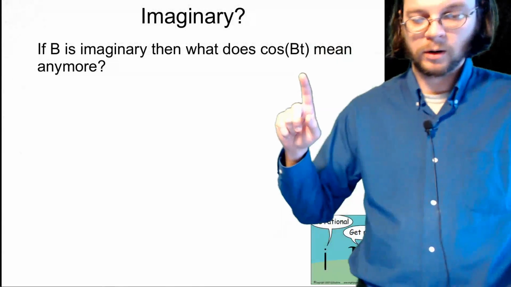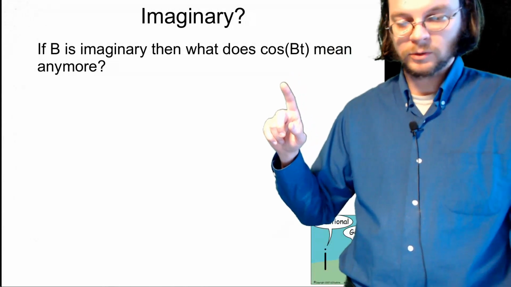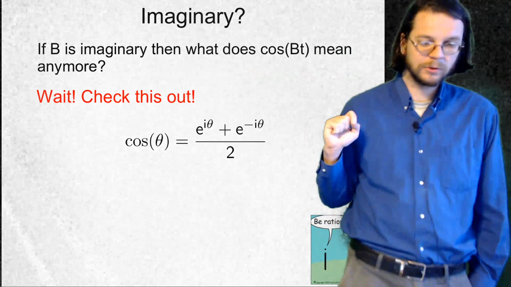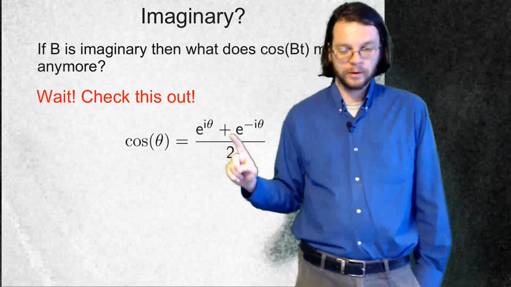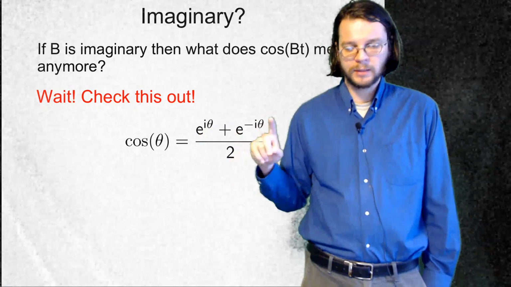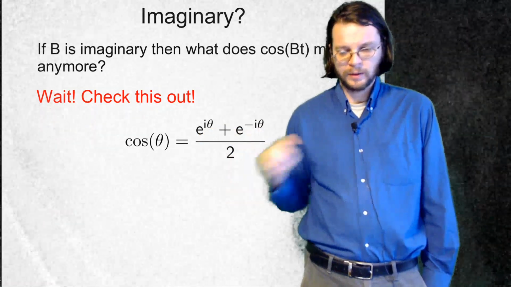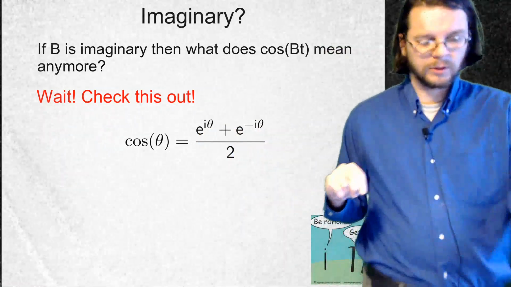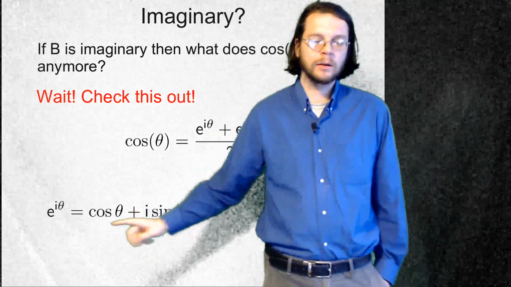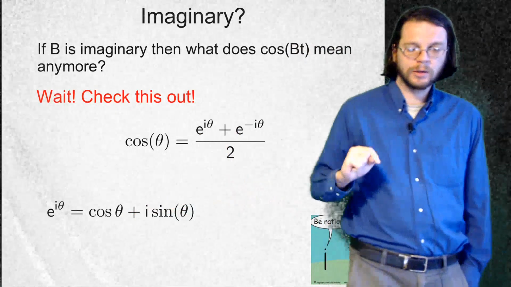I don't know if you guys have seen this formula, but cosine of theta turns out to be equal to e to the i theta, where i is the imaginary unit, plus e to the minus i theta, divided by 2. And the understanding here is that e to the i theta is equal to cosine theta plus imaginary times sine theta.